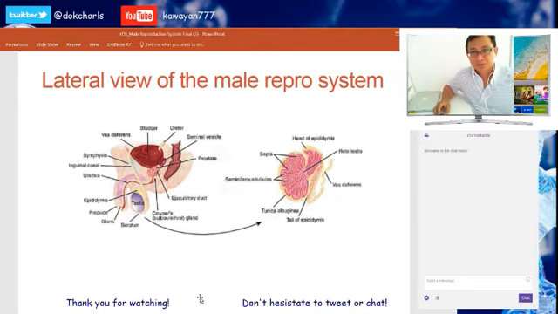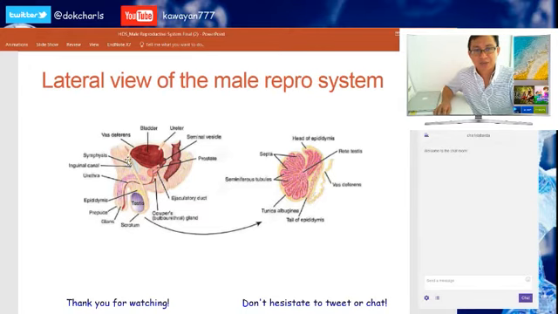Another view of the male reproductive system. This is another perspective on which you see the same structures. You have your bladder, and you see the two ureteral structures on the lateral side of the bladder, and of course you have here your seminal vesicle and your prostate at the base of the bladder.